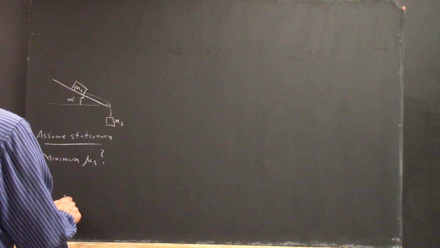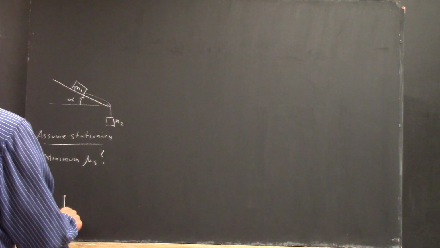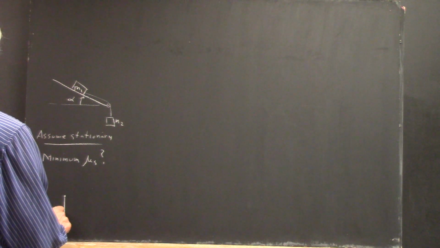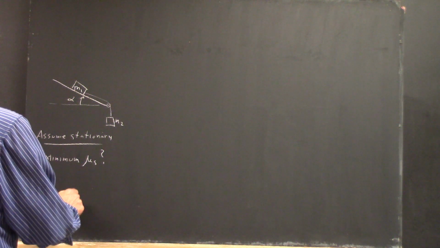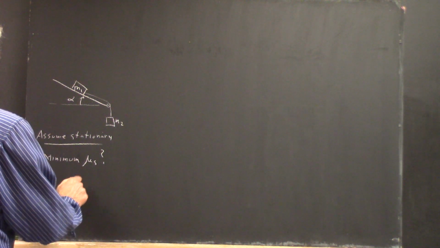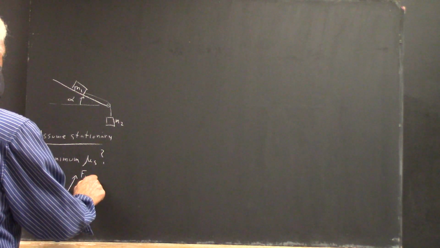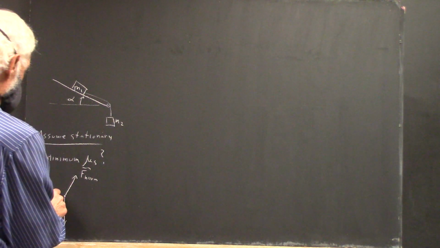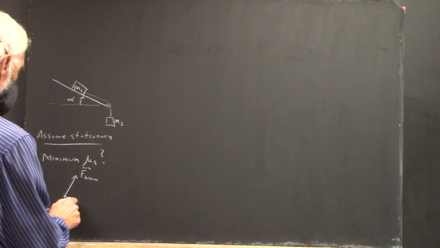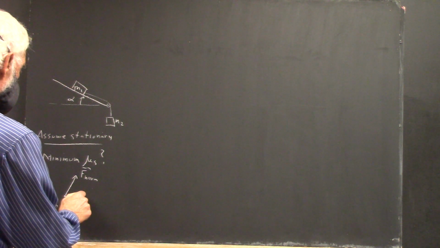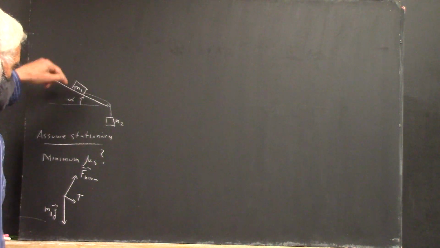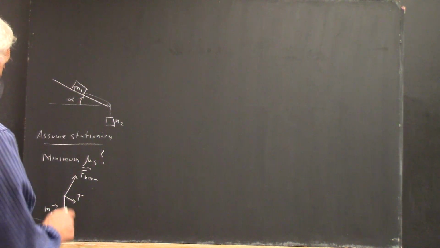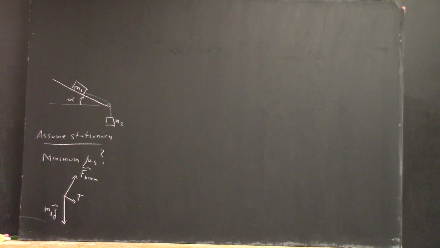If we do a free body diagram for mass M1, what do we have? We have M1G, we have tension in the string, the normal force, and frictional force.